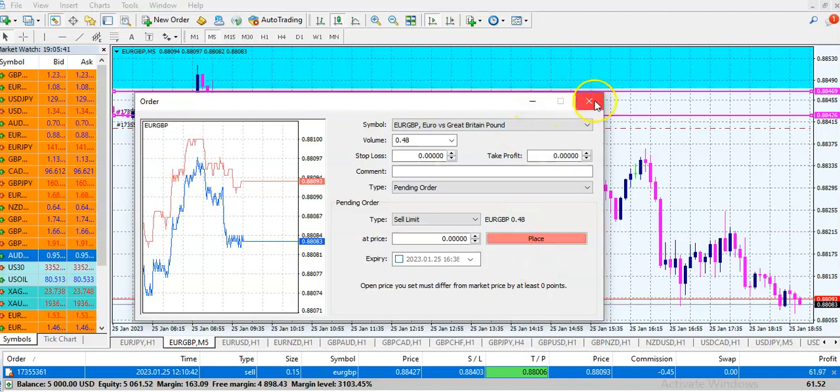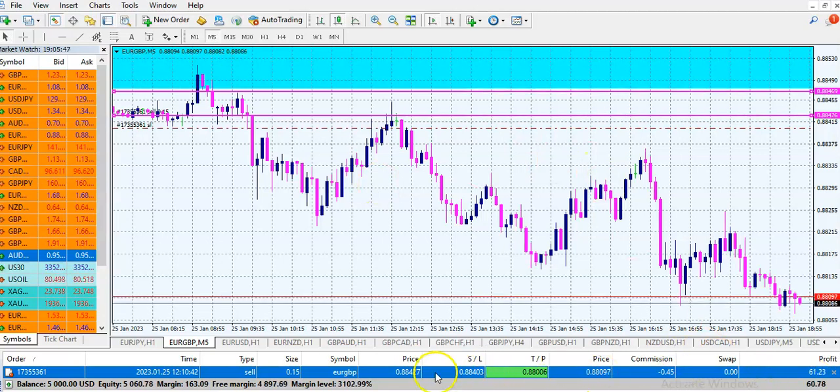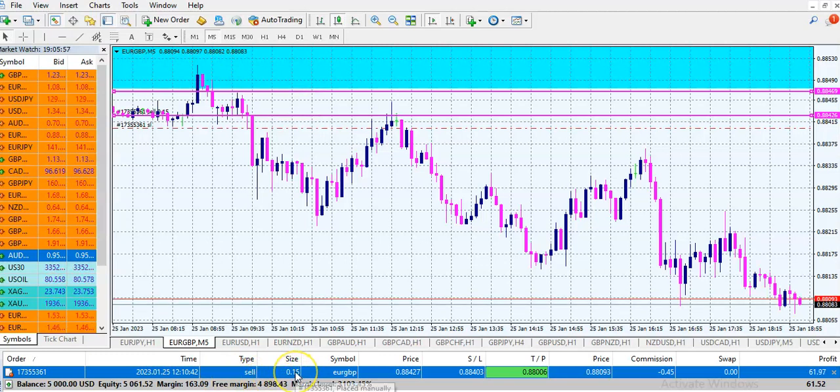So basically that is all. As you can see, my lot size on this is a little bit conservative. My risk on this is 0.25% of the account.